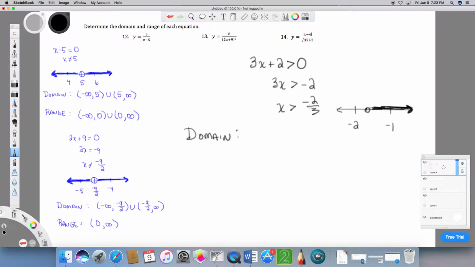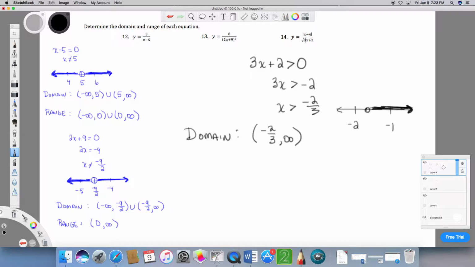If we plug in negative 2/3, then it's going to be a 0. If we plug in something like negative 2, 3 times negative 2 is negative 6, and negative 6 plus 2 is negative 4, and we can't take the square root of a negative value. So our domain then is all real numbers that are strictly greater than negative 2/3. Now, for the range, this time we do have a variable in the numerator.